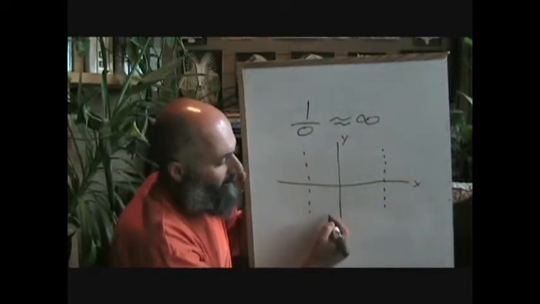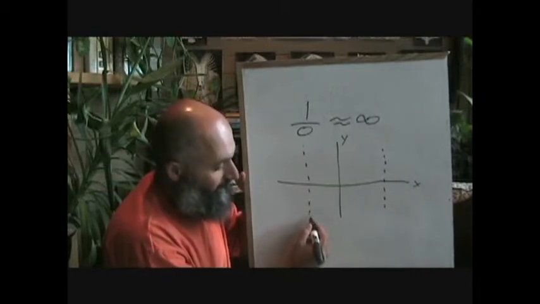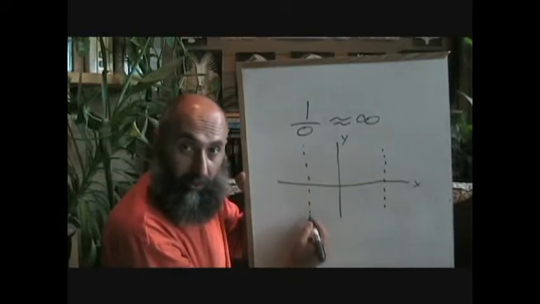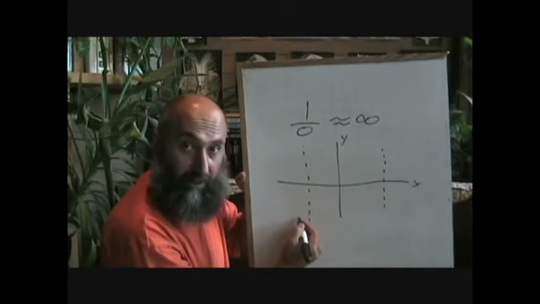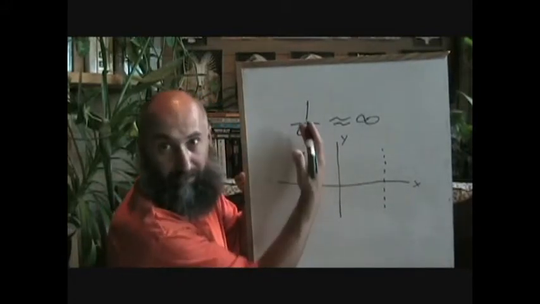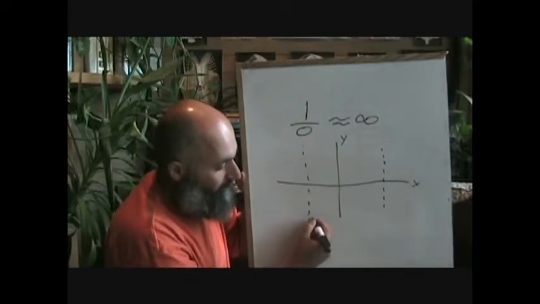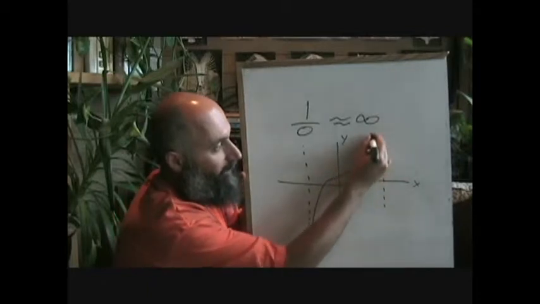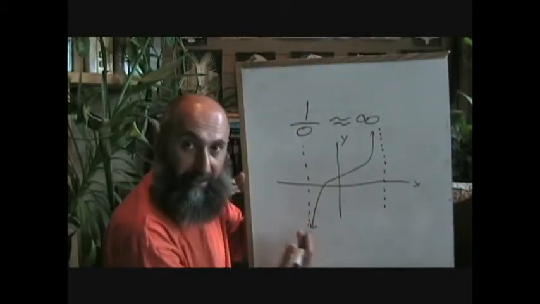So if we had a function, let's say you were coming off an asymptote here, our function cannot touch or cross this line. It could appear on this side, but you can't go over it. So this is sort of a boundary that you cannot go over or into. So a function may look like this, right? And it gets closer and closer to this line, but it never touches this line.